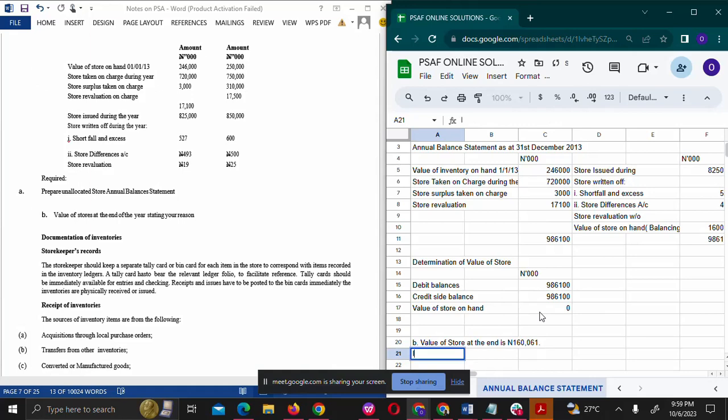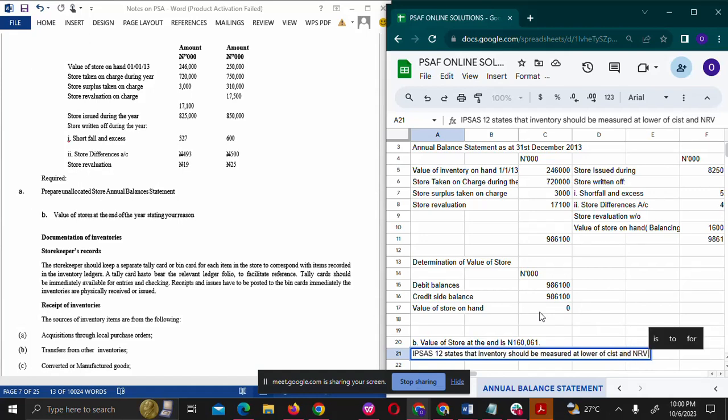SAS 12 states that inventory should be measured at the lower of cost and NRV.